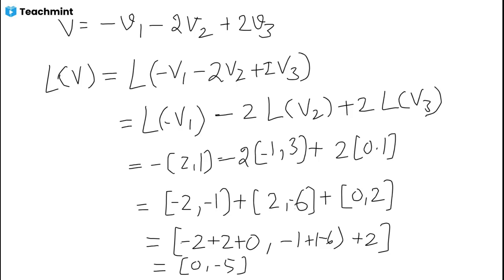This is the required linear transformation for the given vector. Now you got it? Yes, ma'am. In this way we can find it. We'll do further tomorrow, and first of all I'll explain your assignment in class. Yes, ma'am. Okay, thank you.